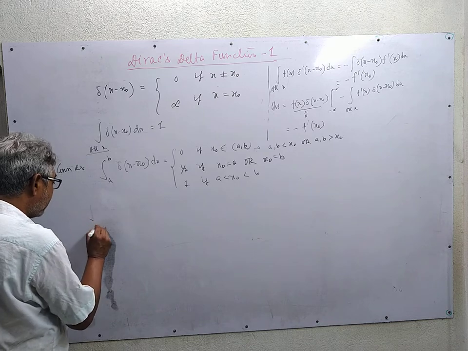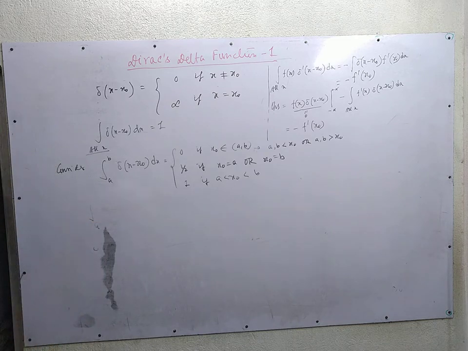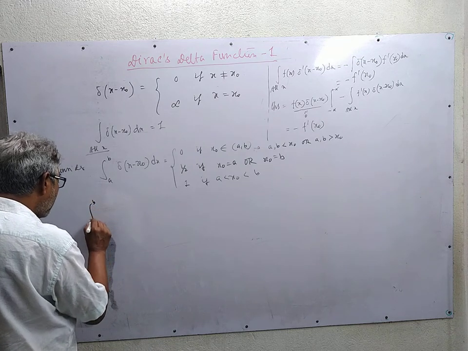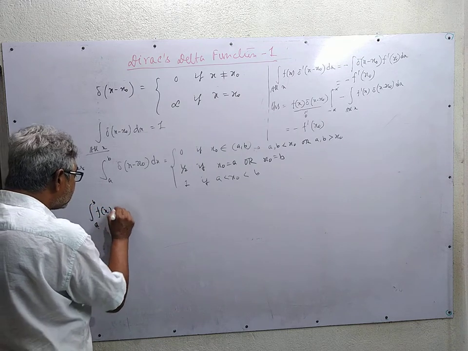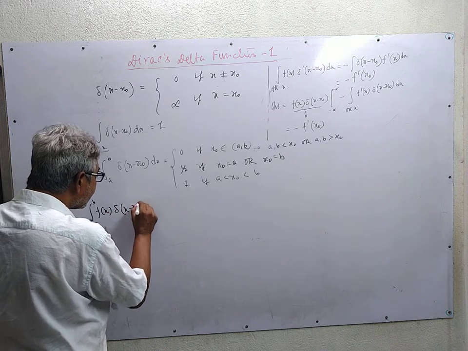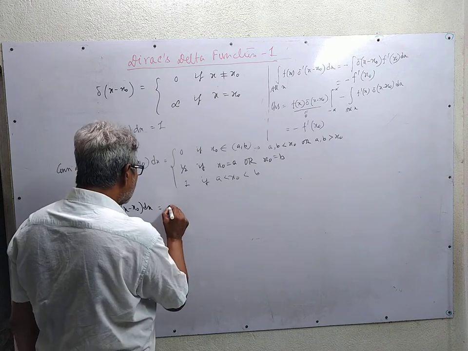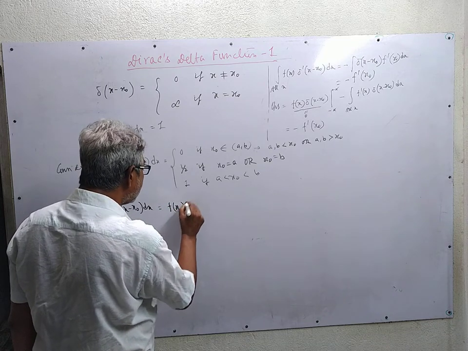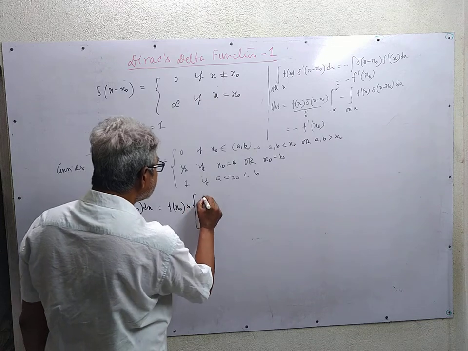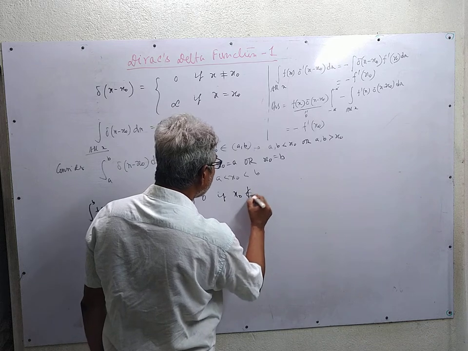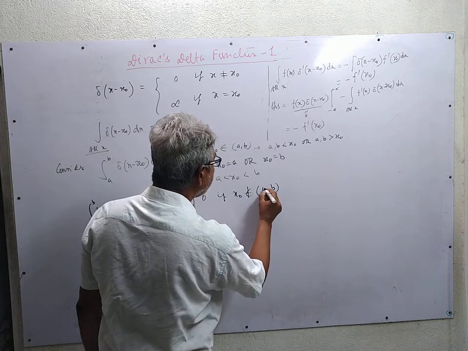The shifting property is the integration from a to b of f of x delta of x minus x0 dx. This becomes f of x0 times 0 if x0 does not belong to the interval AB.